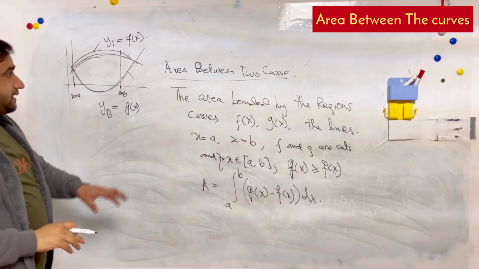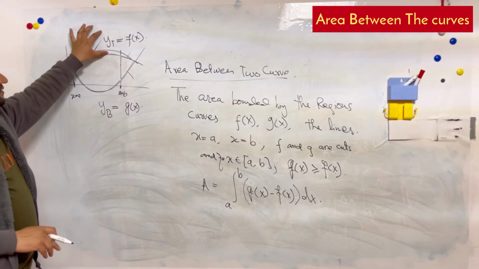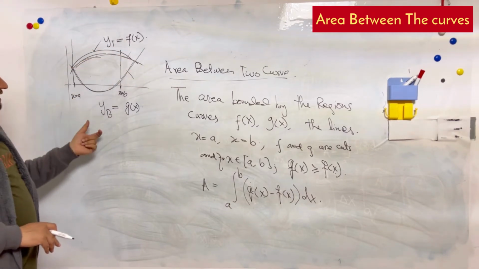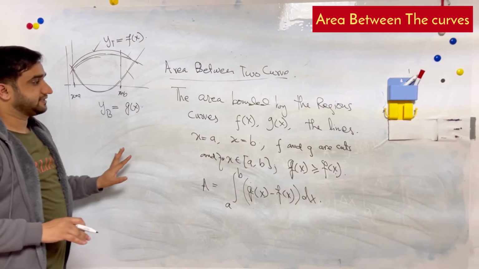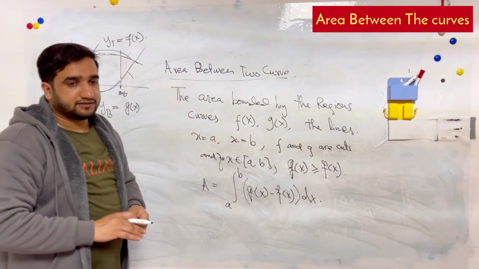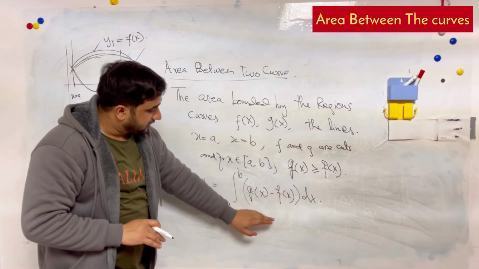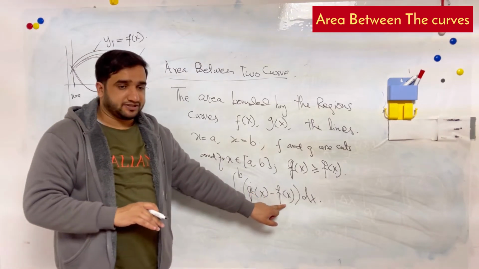So if somewhere it is written yt, no need to get confused. Yt means f of x, the upper or top function, and yb means the bottom function, g of x. Whatever the names of the functions are, they are the top and bottom functions. So in this formula, the top function is written first and the bottom function second.